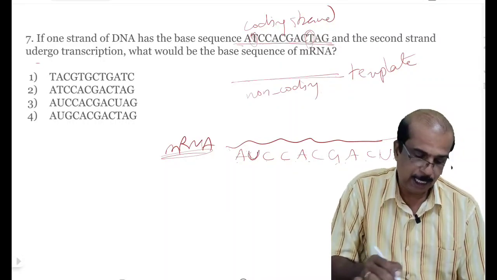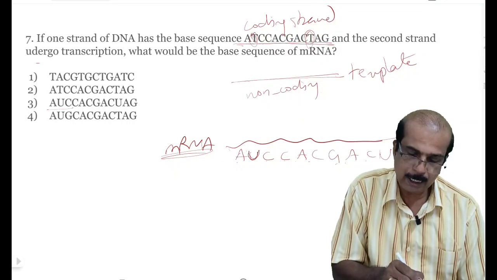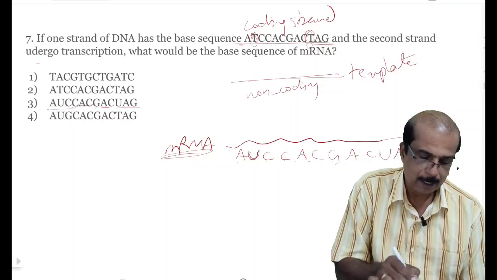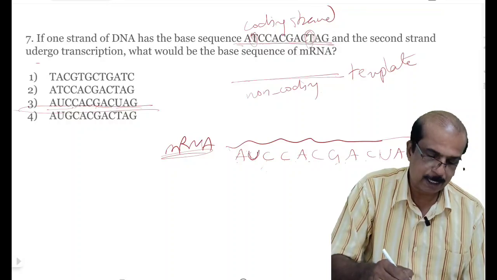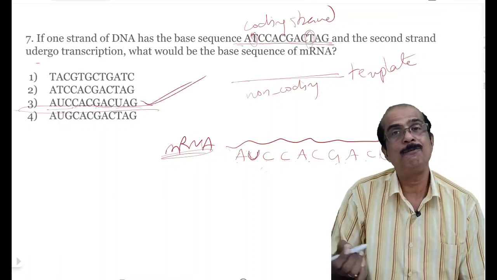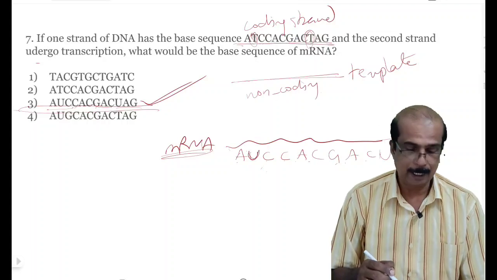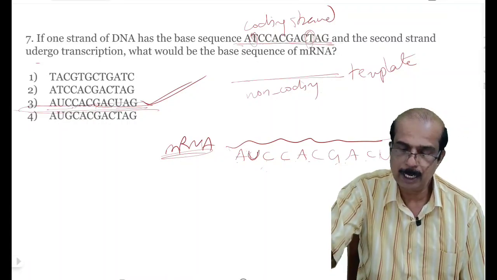Examine the options: AUC, CAC, GAC, UAG. The third option is similar to this mRNA sequence. If you know the theory part, you can easily find the correct answer. Here the third option is our answer.